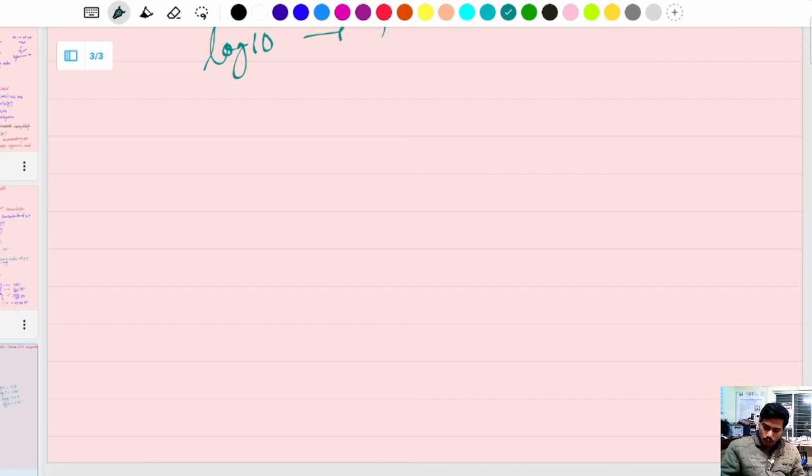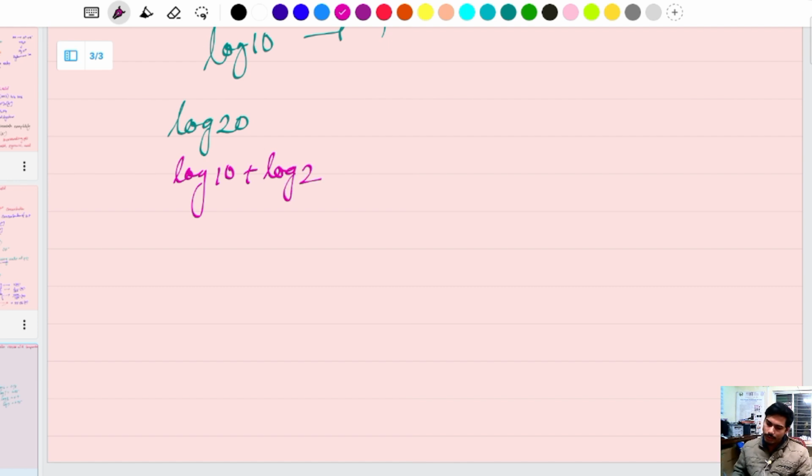So let's talk about log 20. In log 20 you can write it as log 10 plus log 2. How can you write it that way? 20 means 10 into 2.